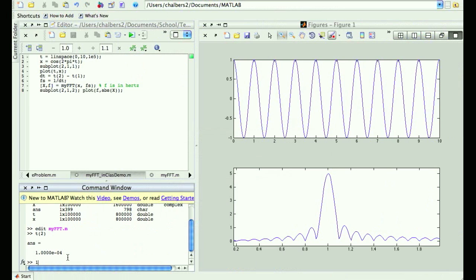So according to my computer, I've said 1 over 1 plus 6j. I'm getting 0.16 angle minus 1.4. Is that what everyone else is getting?